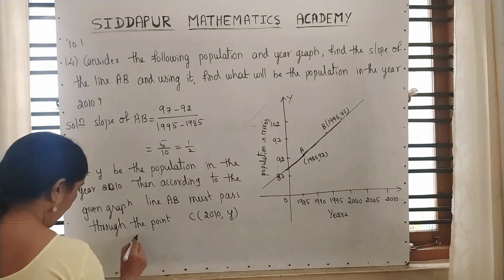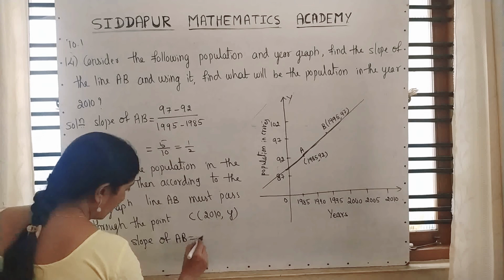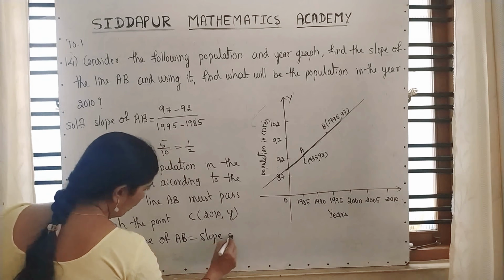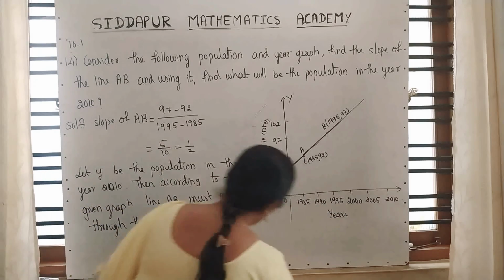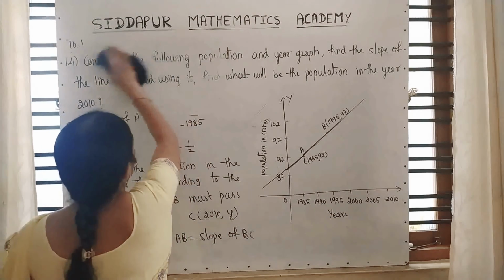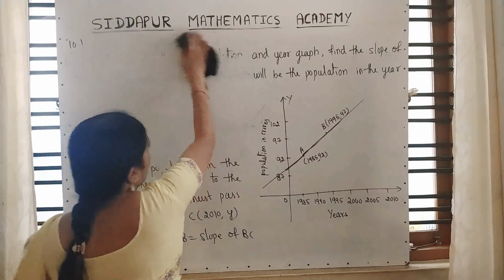Now slope of AB is equal to slope of BC. Slope of AB we already calculated, that is half. Now write the slope of BC. You know B and you know C.